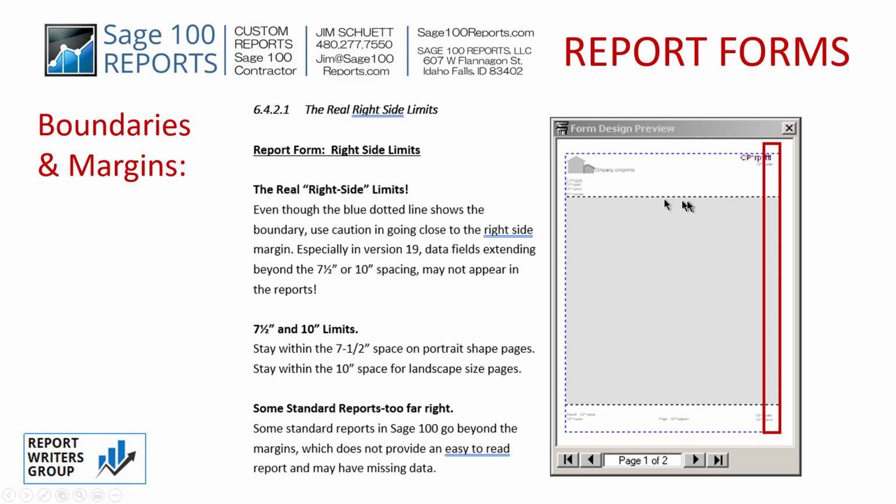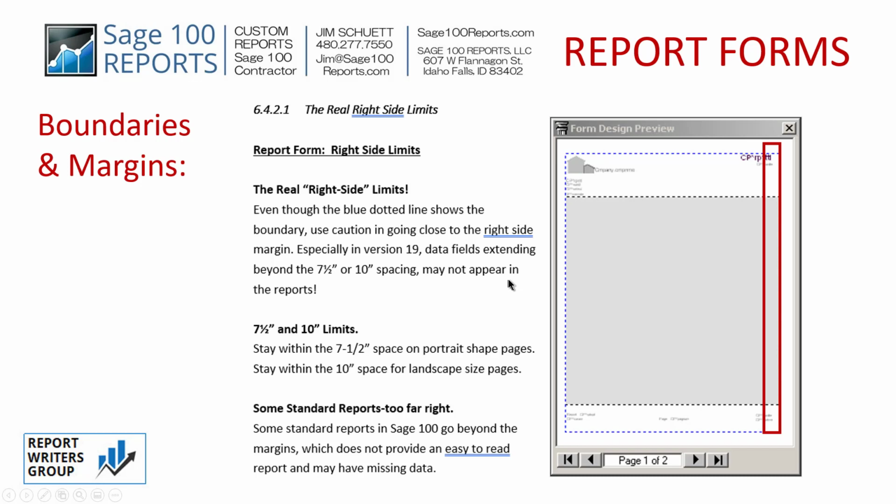Now let's talk more about the right side limits here. The real right side limits, even though the blue dotted line shows the boundaries, use caution in going close to the right side margin.